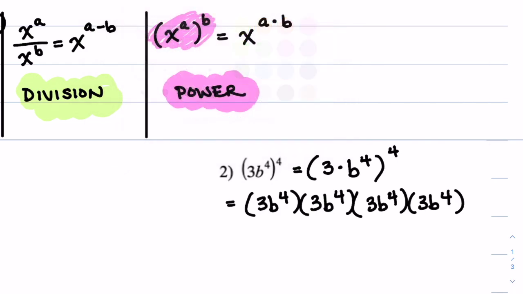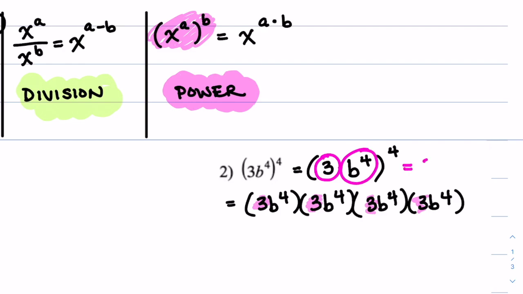So I want you to notice that not only does the b get the power, but the 3 also gets the power. So if you wanted to do a shortcut version of this, you could give this the power and give this the power.